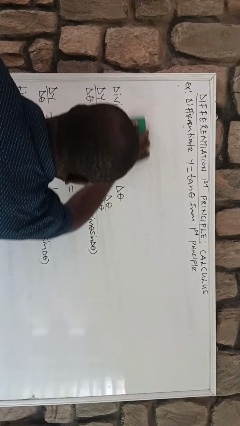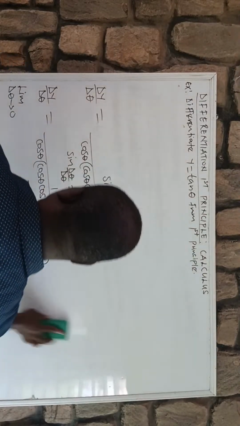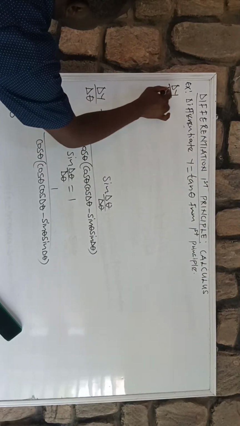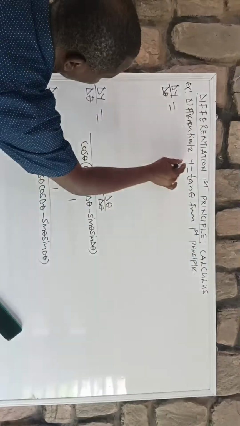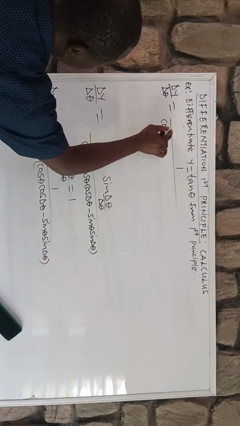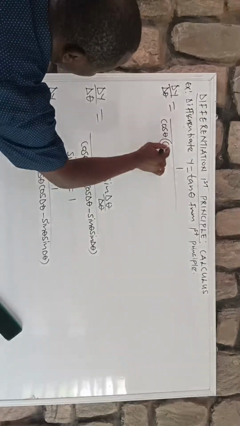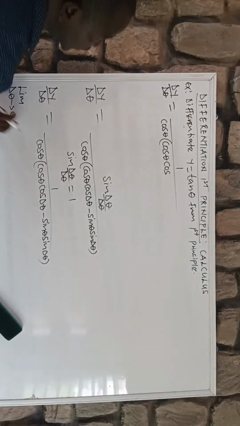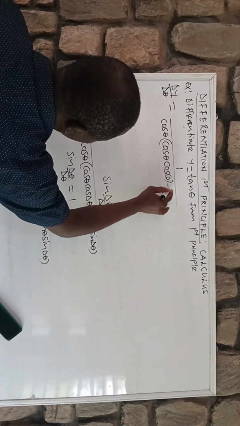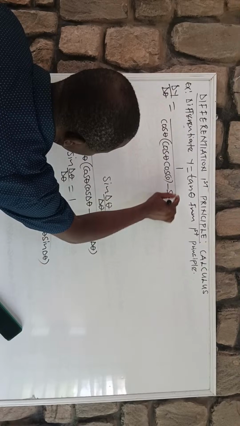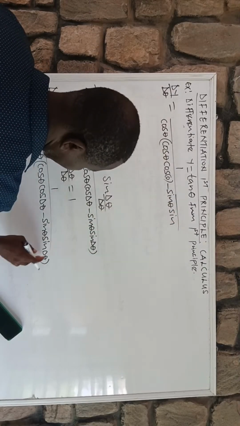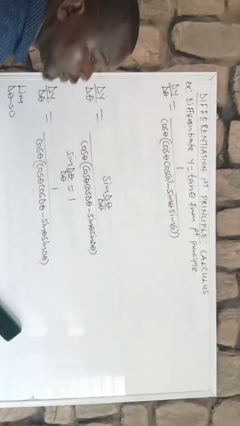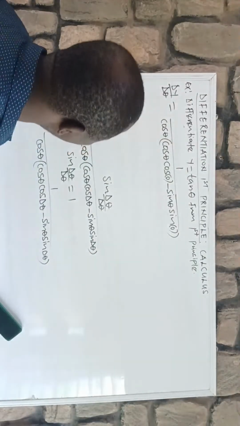So here will be our dy all over the theta is equal to 1 all over cos theta open bracket cos theta cos the theta, anywhere you see the theta you write 0, open bracket 0 minus sin theta sin the theta, which is what? 0, right? Close bracket.